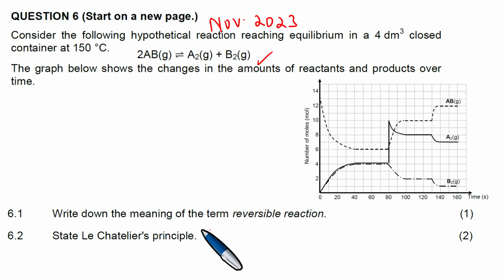Write down the meaning of the term reversible reaction. What kind of a reaction is reversible? 1 mark. This is what they asked in November last year. What is a reversible reaction?